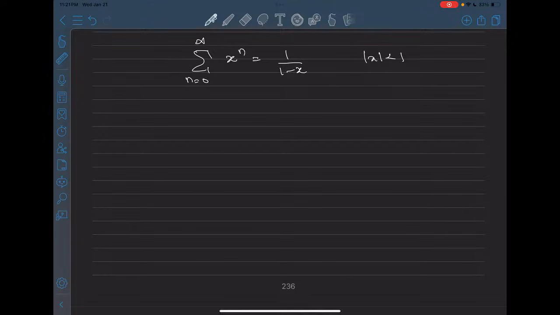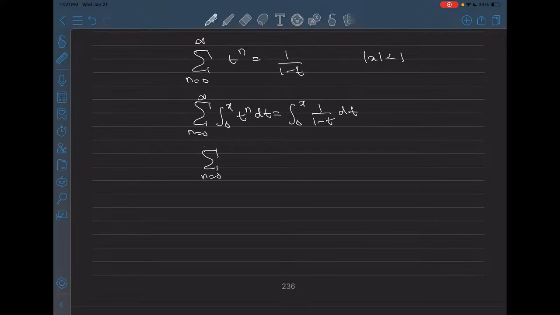Now if I integrate both sides, let me write this as t, from 0 to x, we have the sum from n equals 0 to infinity of x to the power n plus 1 by n plus 1 as ln of 1 minus t by minus 1 from 0 to x.